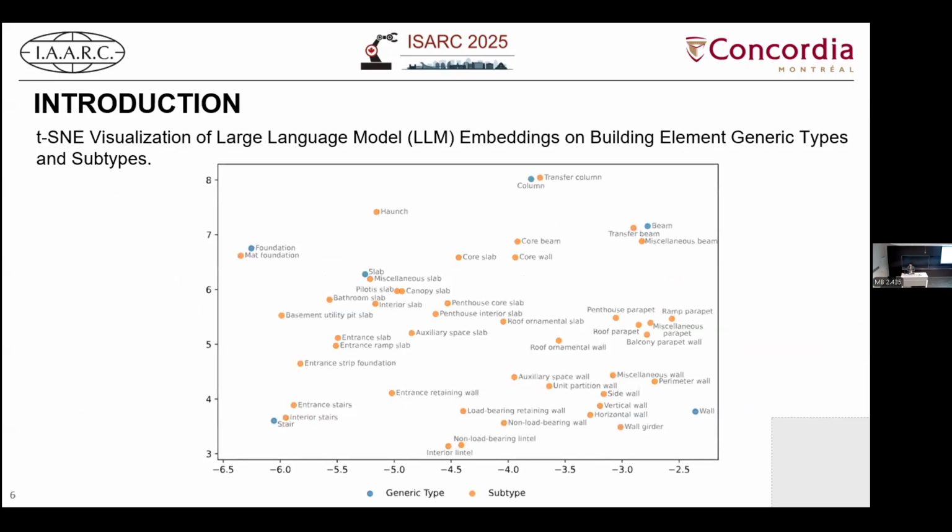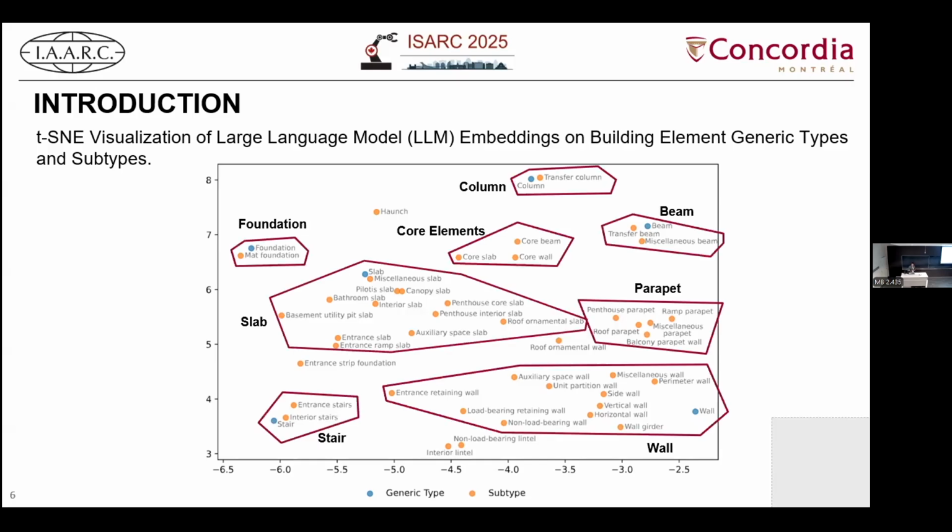I'm pretty sure many of you already know what text embedding is, and using text embedding, we're able to reflect those similarities and differences of the classes within the embedding. For example, here you can see examples of building elements, subtypes, and types.